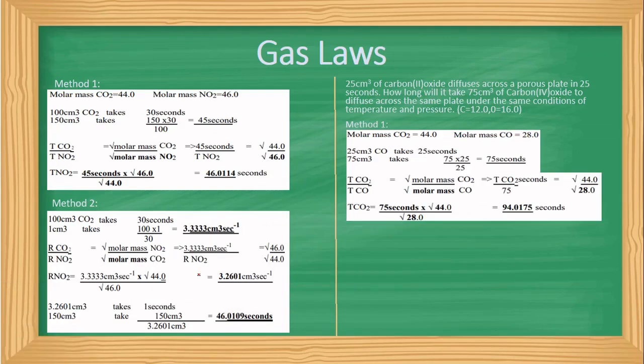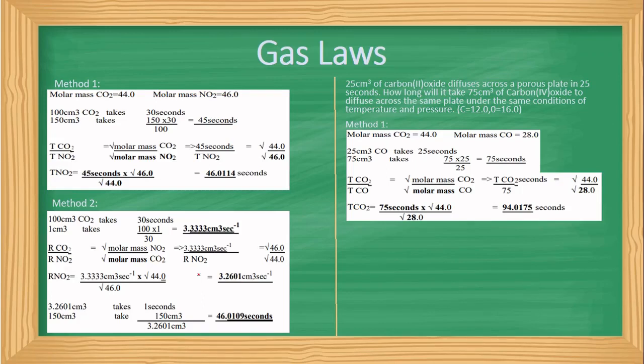So using our method 1, you find that the 25 centimeter cubic of carbon 2 oxide will take 25 seconds. So if you use an equivalent volume like what we have been given for carbon 4 oxide, you find that for carbon 2 oxide the 75 centimeter cubic will take 75 seconds.